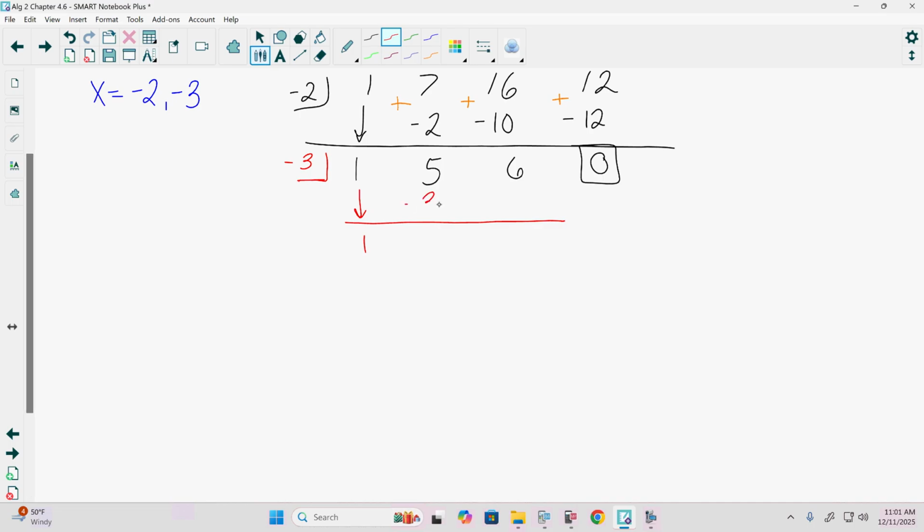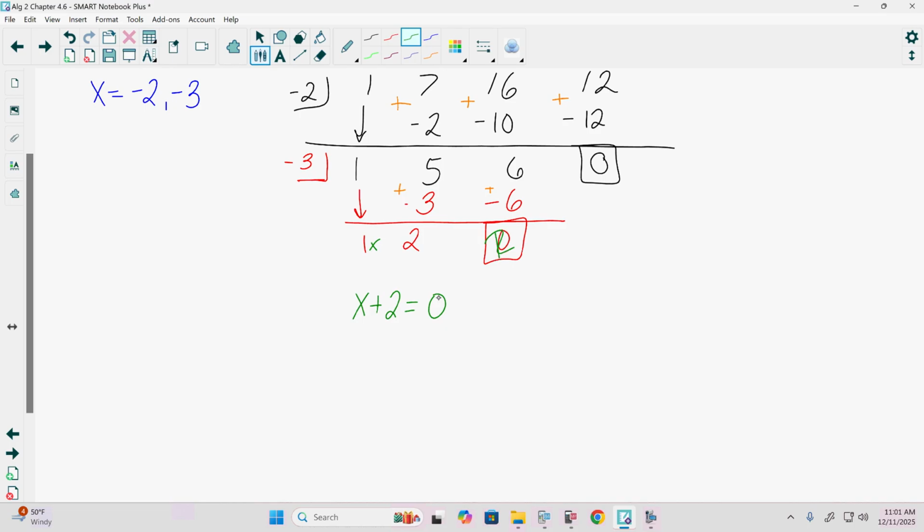-3 times 1 is -3. 5 plus -3 is 2. -3 times -2 is -6, and 6 plus -6 is 0. Questions on this here before we solve for the last piece?